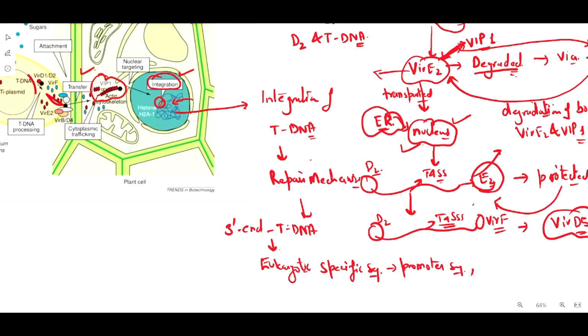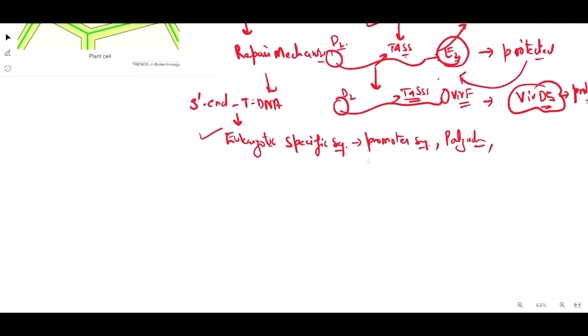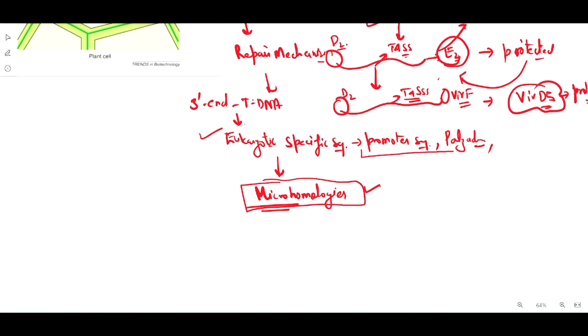It also contains polyadenylation sequences or splicing sequences. These eukaryotic specific sequences in the T-DNA are called microhomologies, which means they are identical, or homologous, to the eukaryotic genome, which contains the promoter sequences or other types of sequences needed for the T-DNA expression in the host.